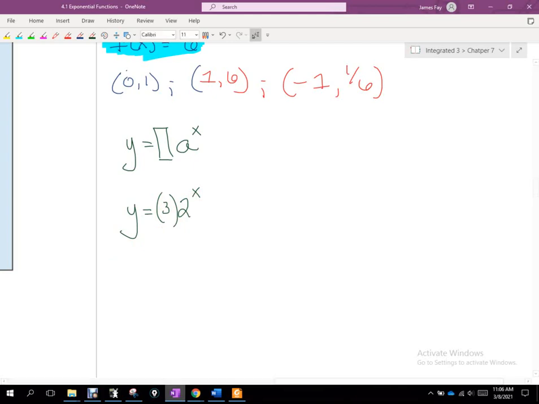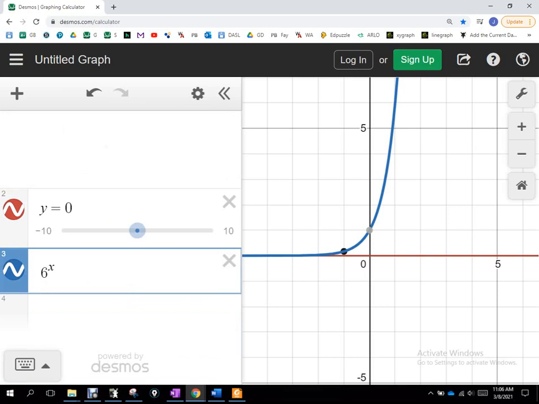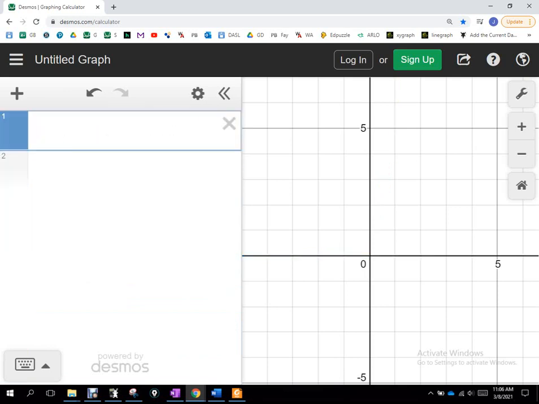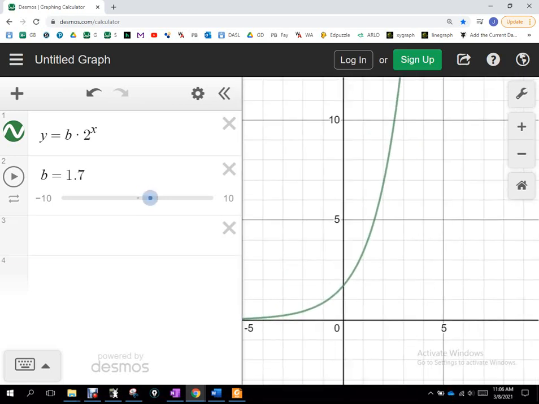Now, when I graph that, let's look at what that number out front does. I'm going to call that number out front b. You guys see as that b gets bigger and bigger, does it look like it's making that thing stretch vertically? Like it's getting pulled up, right? Does that make sense?